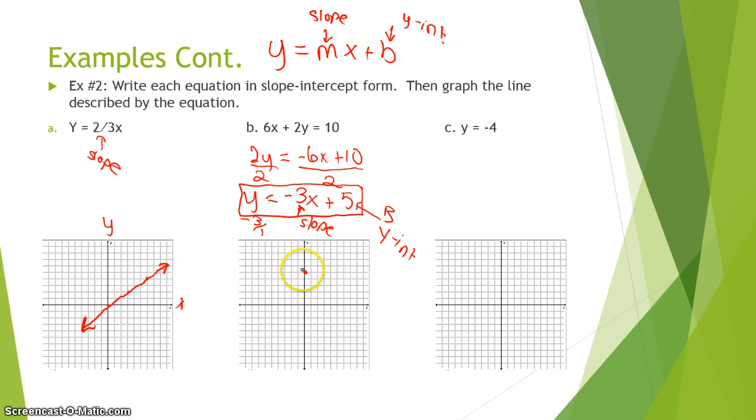So from my y-intercept 5, I'm from there going to rise negative 3, which means going down 3. 1, 2, 3, and I'm going to go to the right 1, and I'll put my second point. From my second point, I can keep going down 3, 1, 2, 3. Notice I'm going down because it's negative 3 to the right 1, and I'll put my third point.